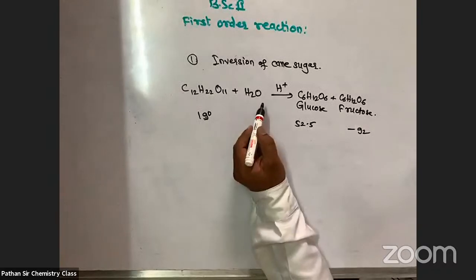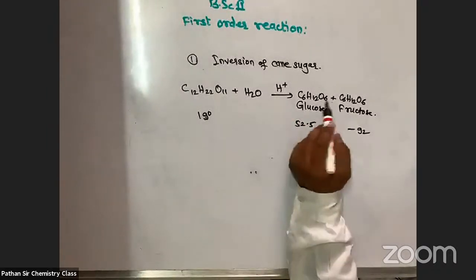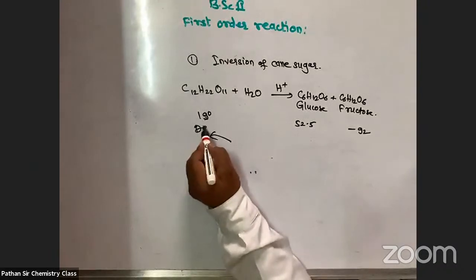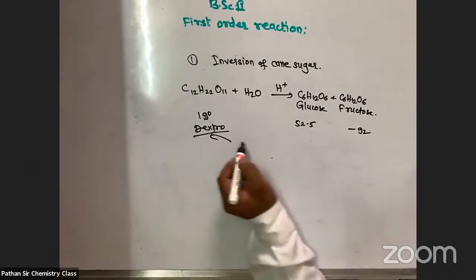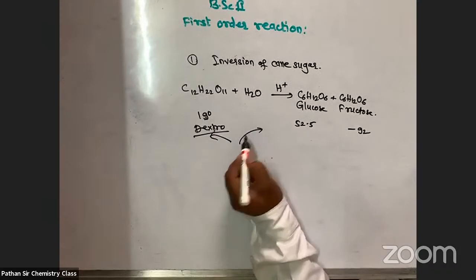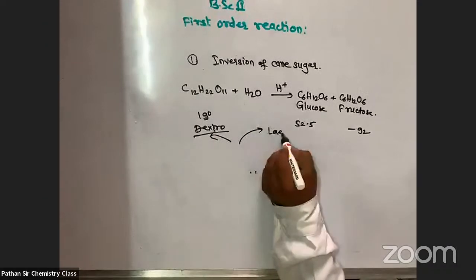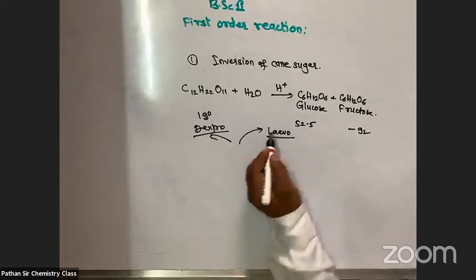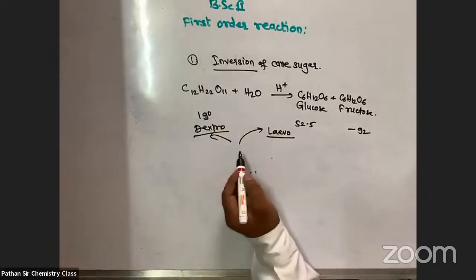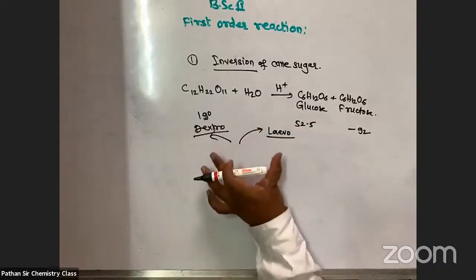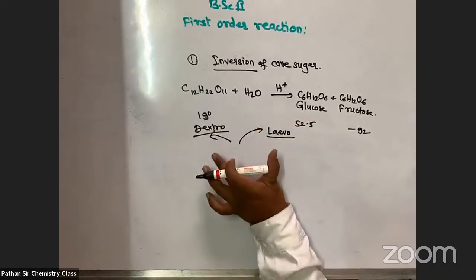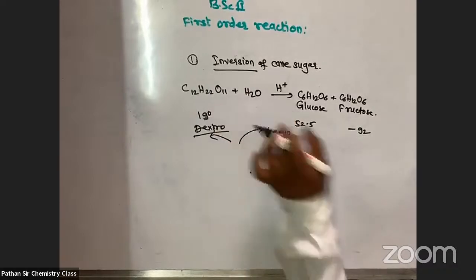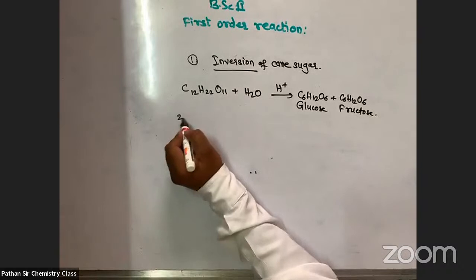But as the reaction proceeds and it forms glucose and fructose, the dextrorotatory mixture at the end of the reaction becomes levorotatory. So inversion takes place in the rotation. This reaction is therefore known as inversion of cane sugar.